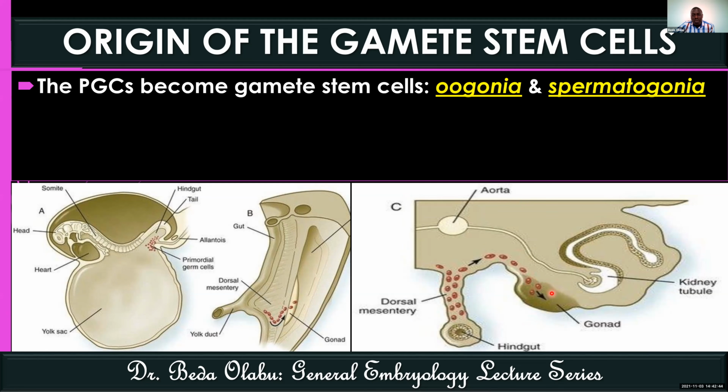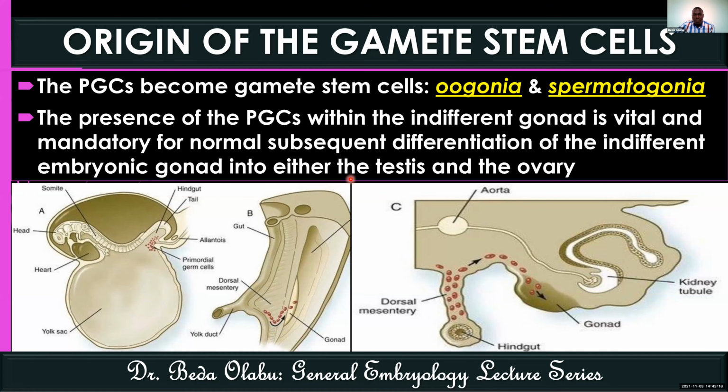The factors that will make it become the ovary or the testis, we are not discussing now. But if the indifferent gonad becomes the testis, primordial germ cells become the spermatogonia, stem cells for the sperms. If the indifferent gonad becomes the ovary, the primordial germ cells become oogonia, stem cells for the oocyte.